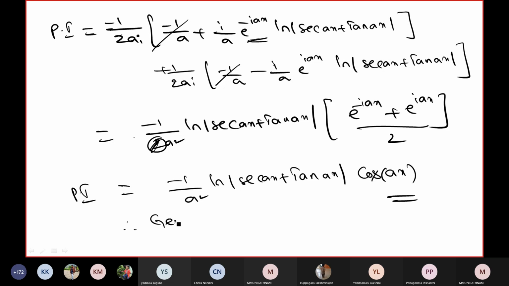So therefore the general solution is y equal to cf plus pi.